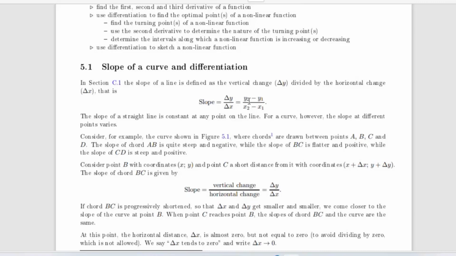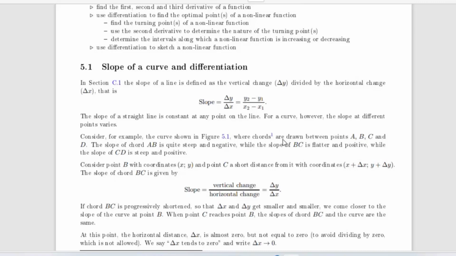Change in y is represented by 2 points, meaning we need 2 points to find the slope of a line. You need point 1 and point 2, the coordinates of point 1 being an x value and a y value.